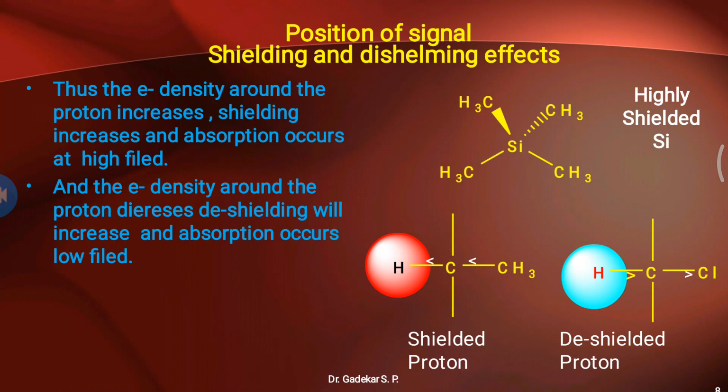Thus, for the red colored protons, the electron density around the proton increases, the shielding increases, and absorption occurs at high field. For the blue colored protons, the electron density around the proton decreases because the chlorine atoms act as electron withdrawing groups, the de-shielding effect increases, and absorption occurs at low field.